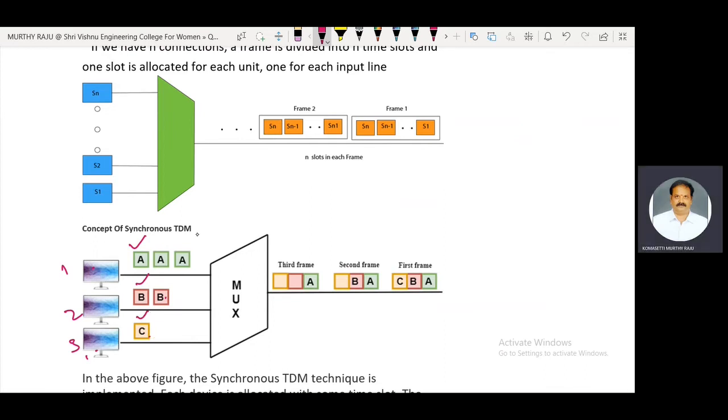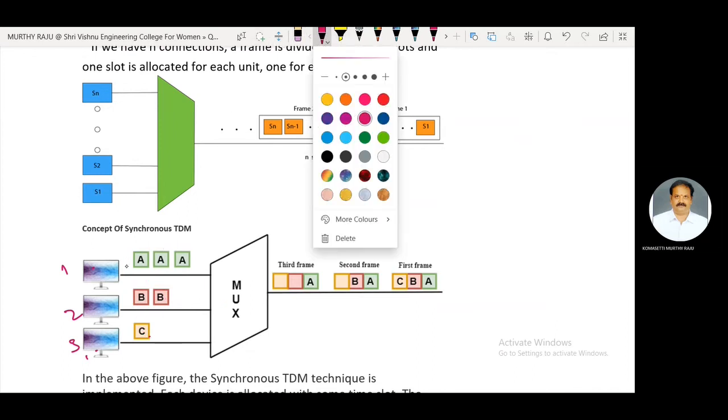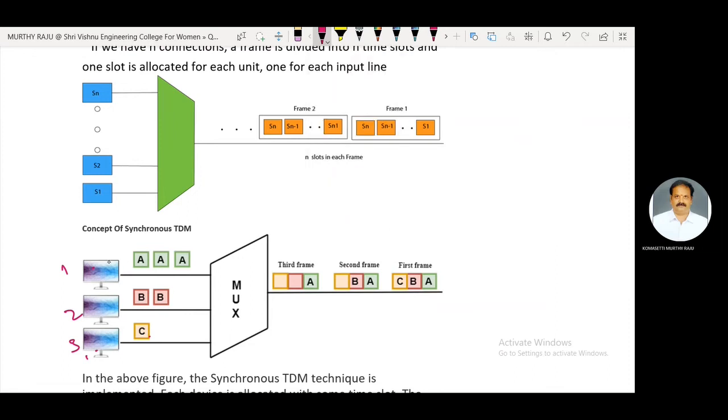In synchronous time division multiplexing, by using a switch, the switch rotates continuously and extracts the information from the first slots. This one is the first slot, second slot, and third slot.